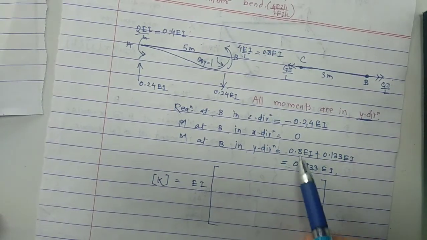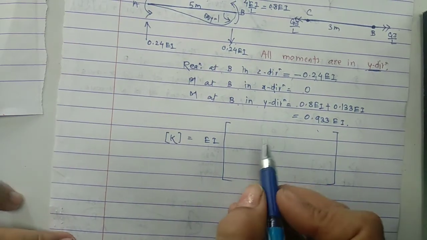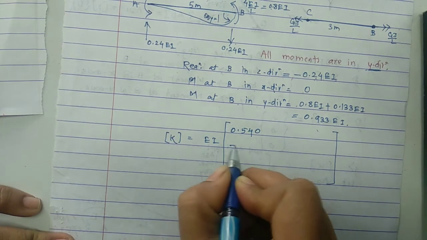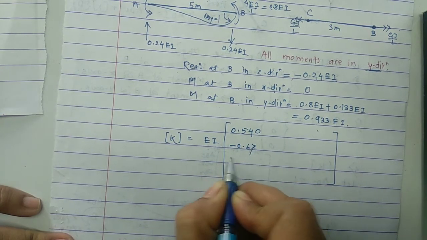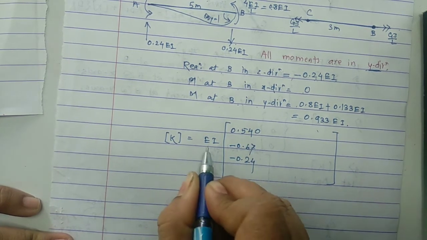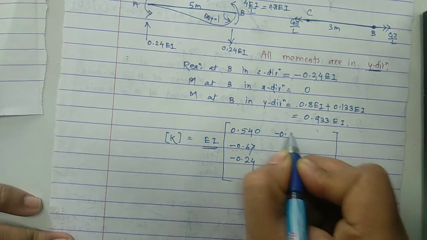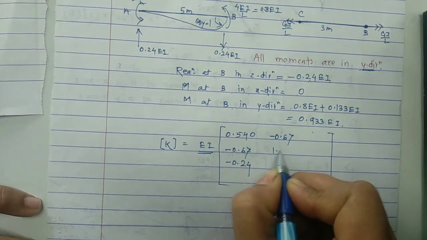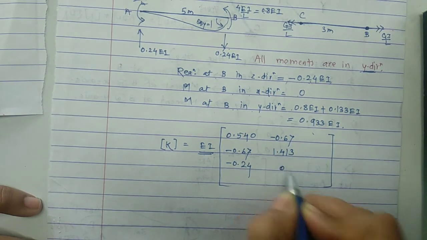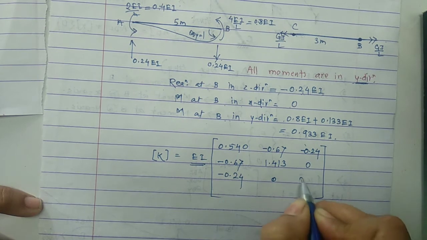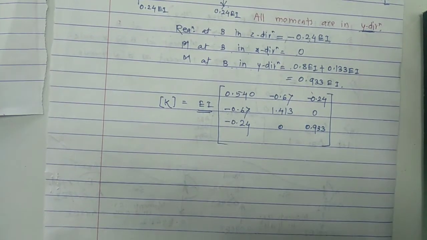And the last, the third column, has these 3 points. So accordingly write down here 0.54, minus 0.67, minus 0.24, with the EI term taken outside as common. Second, minus 0.67, 1.413, 0. And last, 0.24, 0.933. Okay, so that is the K matrix.